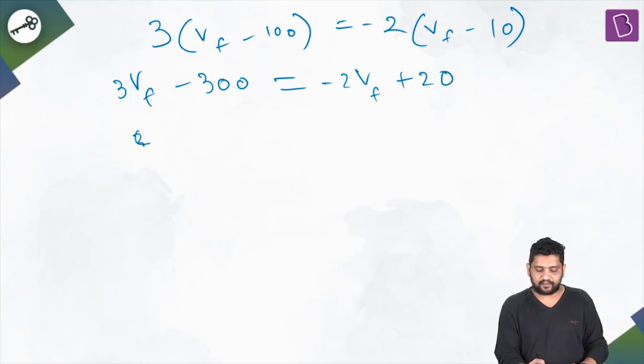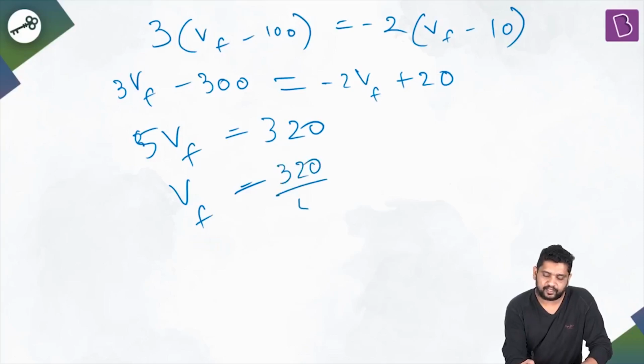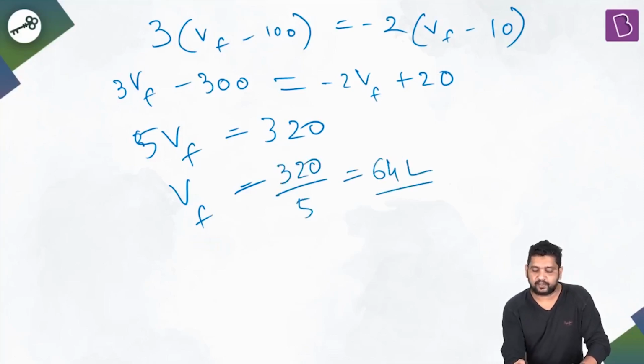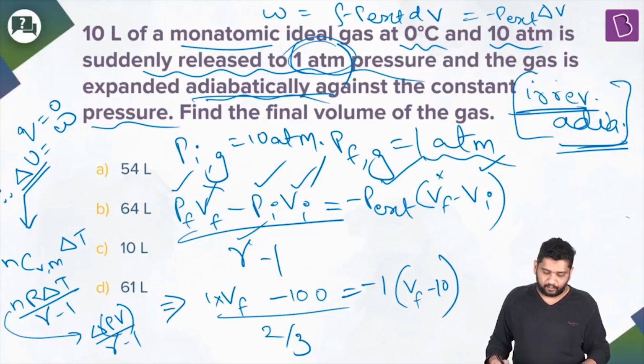So I'm getting 5 times V final is equal to 320. So my V final is going to be 320 by 5. 320 by 5 is how much? 60 plus 4, right? So 64 liters. This is the final volume that I'm getting. Of course, it is B option, right?